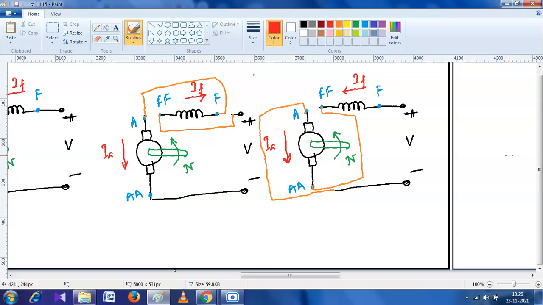This is your home task. You have to show me that diagram in next class.